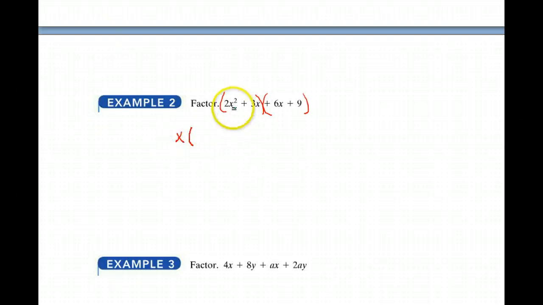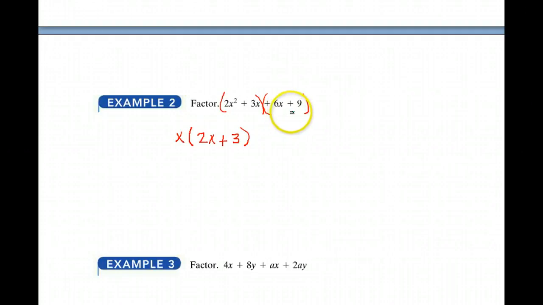If I factor an x out, and remember factoring is like dividing, so 2x squared divided by x leaves me with 2x, and 3x divided by x leaves me with 3. Remember, we're just pulling that x out front. You're then going to look at your second group and say, what's the GCF of those 2 terms?